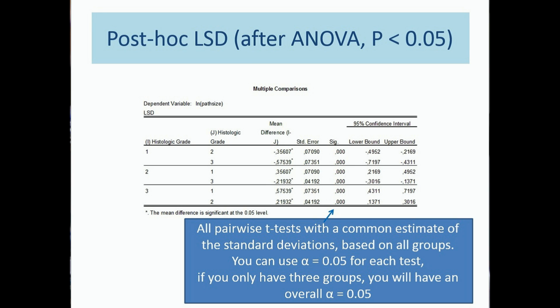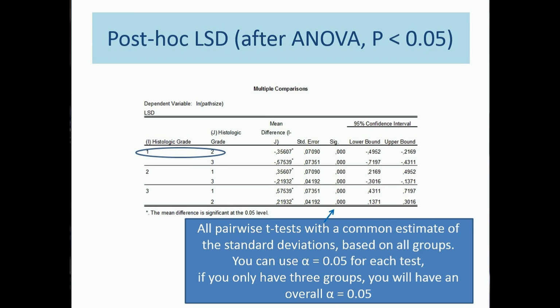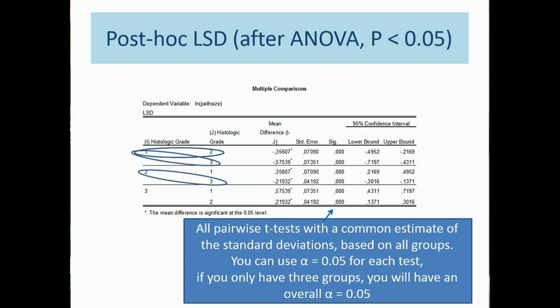This is the first example of the post hoc test, the LSD. According to the LSD method, all pairwise comparisons have been calculated: 1 with 2, 1 with 3, and 2 with 3. In fact, SPSS shows 6 tests, but the comparison of group 1 with 2 is equal to the comparison of group 2 with 1.